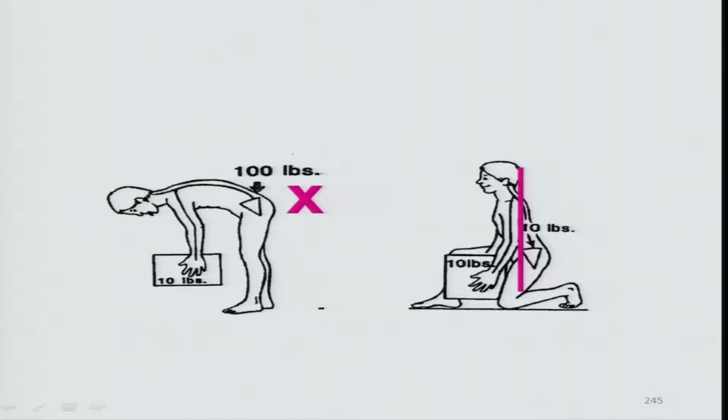If I look at the two different load points, we can see that in this particular hip joint area there is almost a 100 pound load while lifting a 10 pound load, which is not a very good situation, particularly for the stoop lifting, whereas in the squat lifting a 10 pound load means actually a 10 pound load on the musculotendinous structure as well as the structure of the spinal joints.